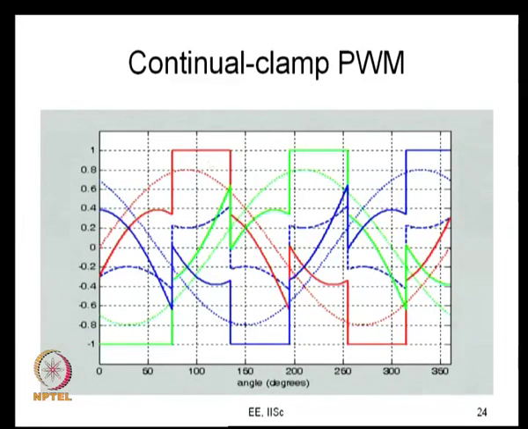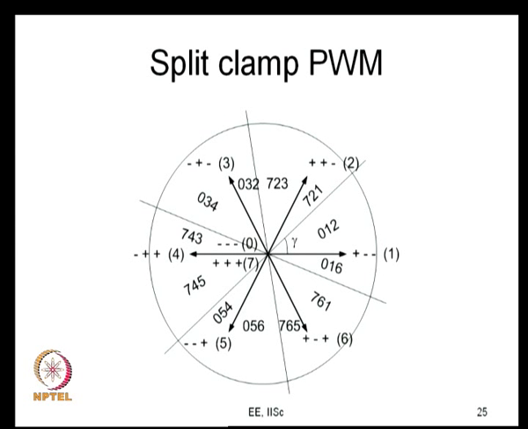So we go to split clamp, which is again a generalization of what we saw before, that is 30 degree clamp. So you have R phase clamped to the positive bus, here also you have R phase clamped to the positive bus. So this is 30 degrees, and now this is 30 plus gamma, this is 90 plus gamma.